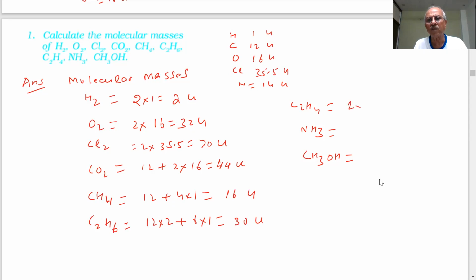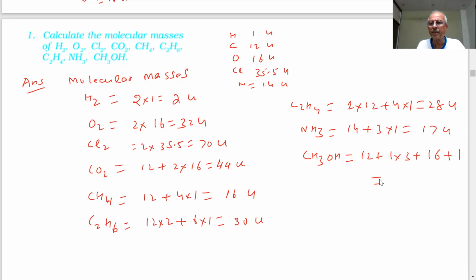What is the mass of C2H4? It is ethene. 2 into 12 plus 4 into 1. How much? 24 plus 4, 28 U. What is NH3? 17 U. What is CH3OH? 32 U. So in this way, we are able to find the molecular masses of the compounds.